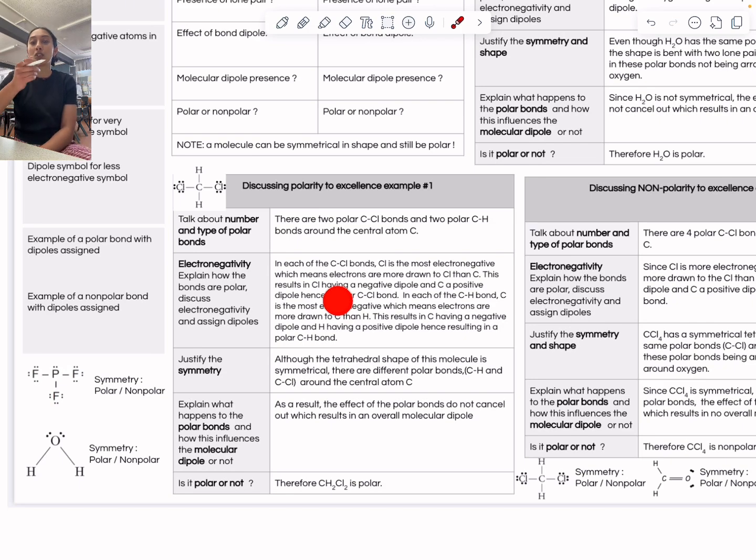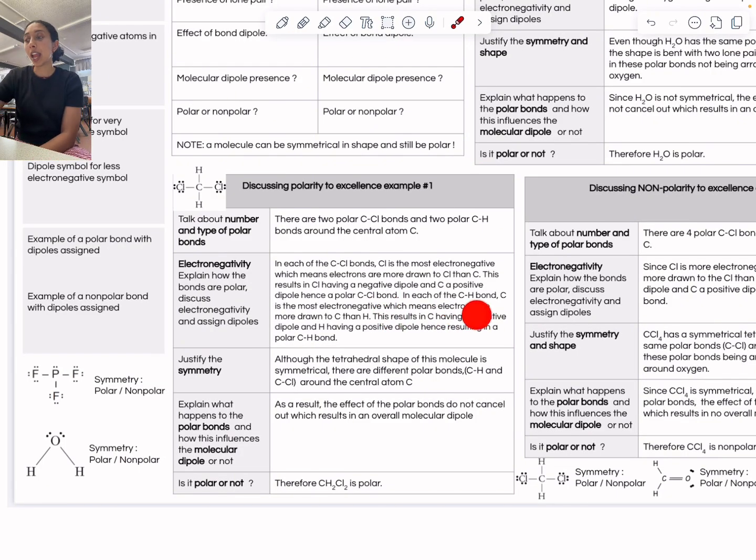So I've explained not only which one's more electronegative, but which one is drawing more electrons to itself. So basically I'm explaining what it means for Cl to be more electronegative, okay? This results in Cl having a negative dipole and C a positive dipole, hence a polar bond. So that's the level of detail that I want you to write to. Not only assigning dipoles, but explaining why you assign those dipoles and to what specifically.